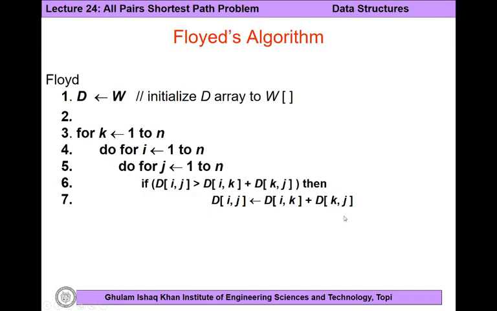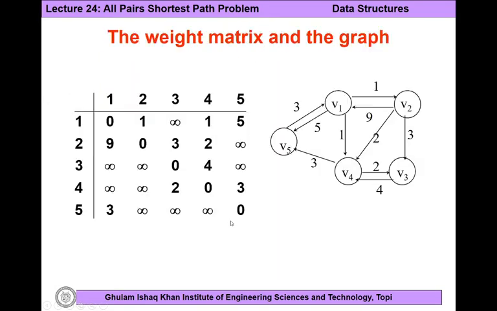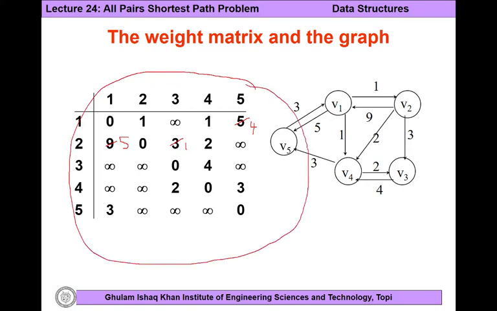When the algorithm runs, maybe we get an updated matrix here. For example, this distance becomes 4, this distance may become 1, and this distance may become 5. But by looking at this matrix, we will not be able to know through which node this distance became 4 instead of 5, right?